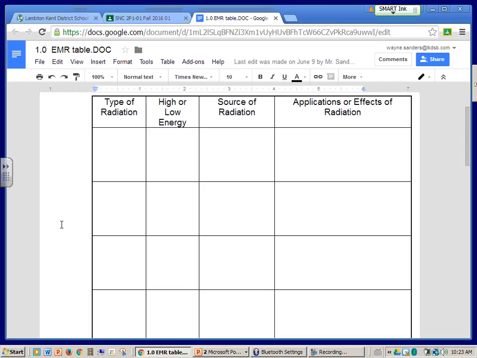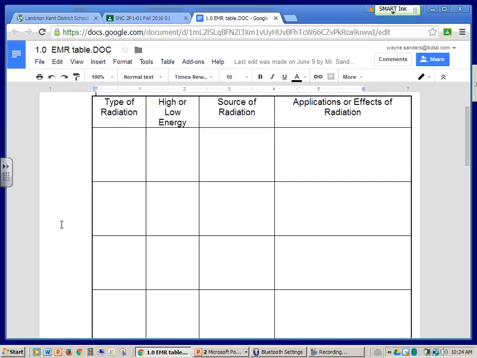Okay, so the second one, radio waves. High or low energy? What do you think? Low. In actual fact, by the way, visible is the dividing line between high and low.